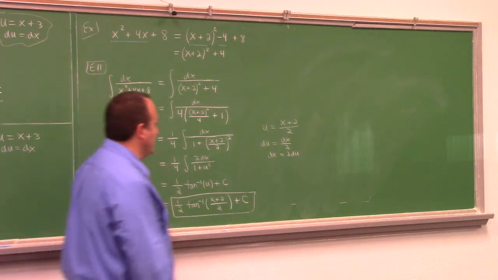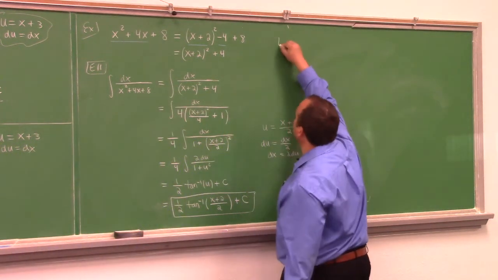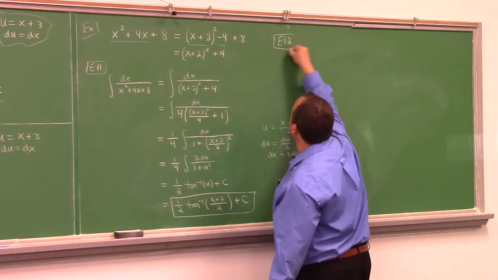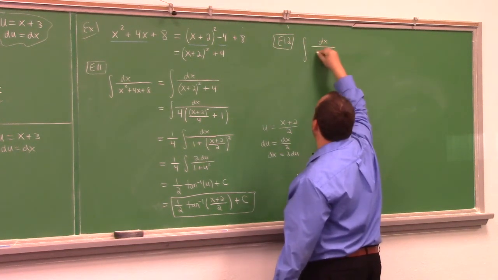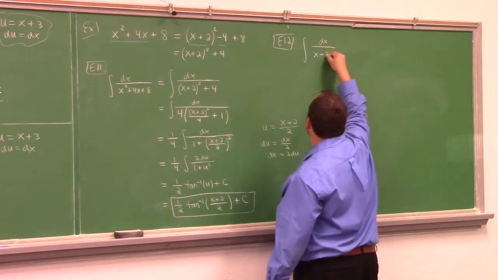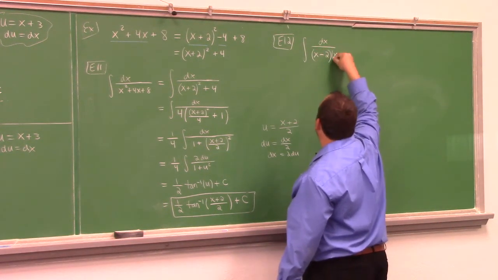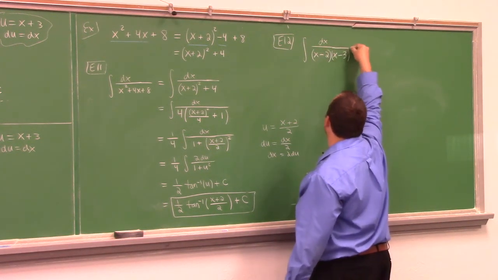What if I had the integral of dx over, I don't know, here's one, x minus 2 times x minus 3. What would you do there?